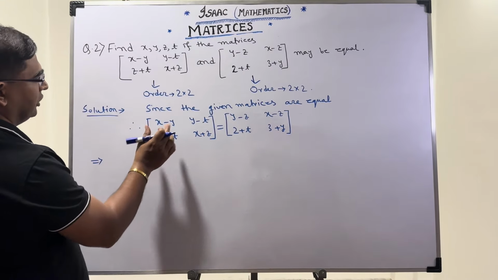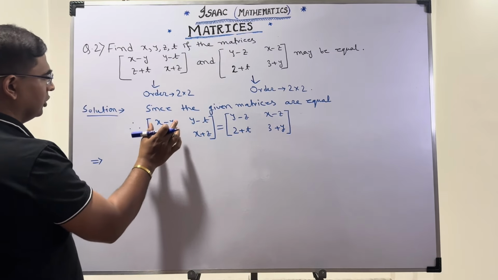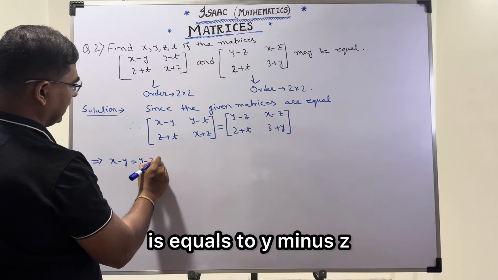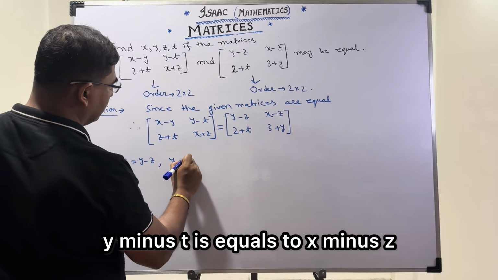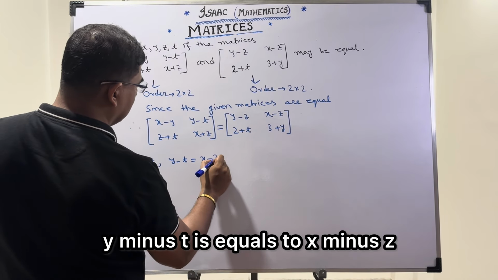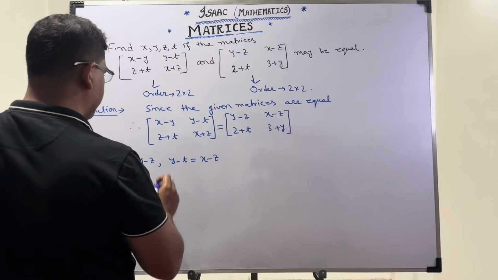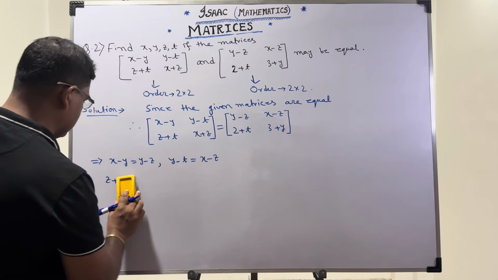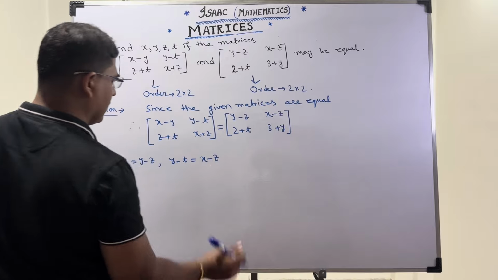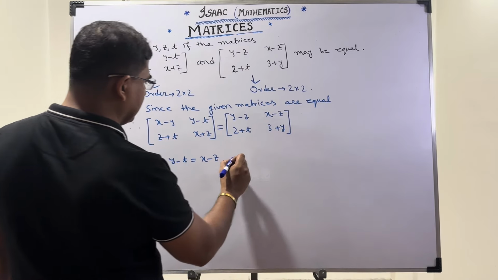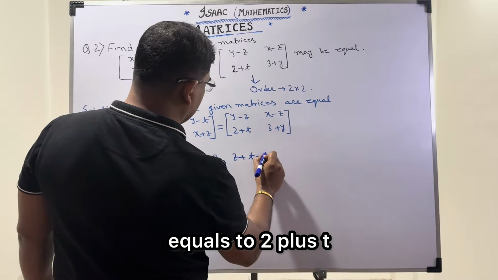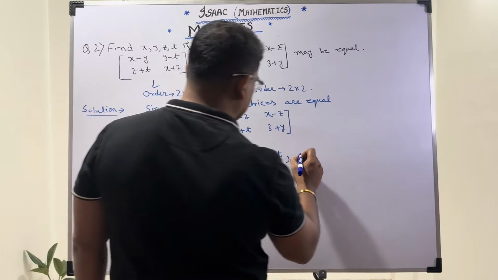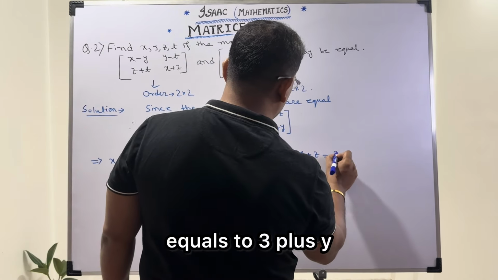This implies their same positional elements are equal. So x minus y is equal to y minus z, y minus t is equal to x minus z, z plus t equals 2 plus t, and x plus z equals 3 plus y.